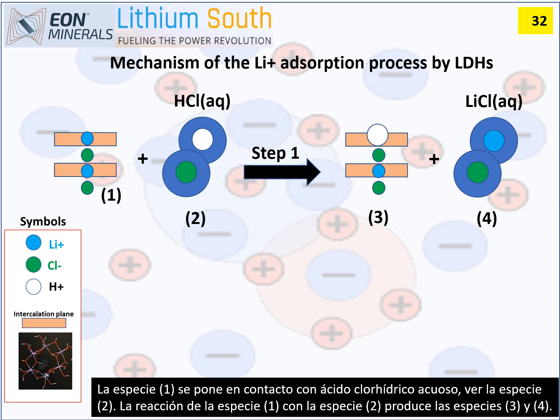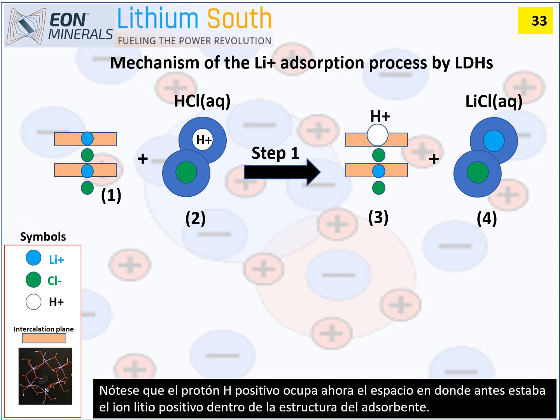See species 2. The reaction of species 1 with species 2 produces species 3 and 4. Note the positive proton now occupies the space where the positive lithium ion was previously within the adsorbent extractor.